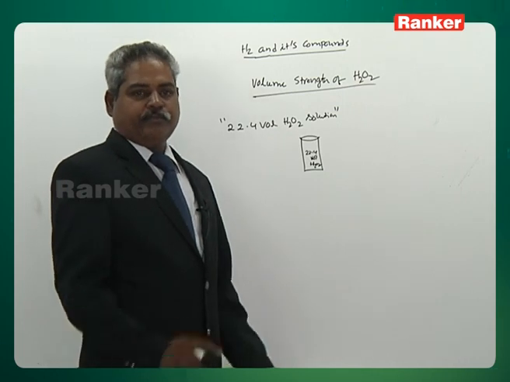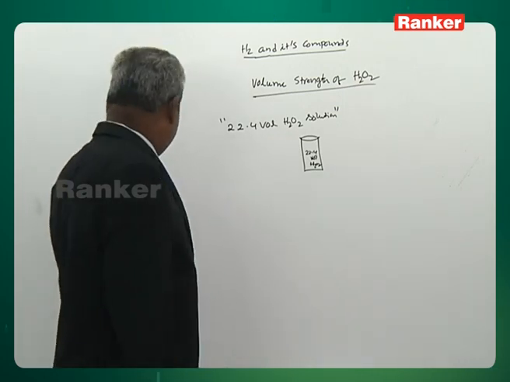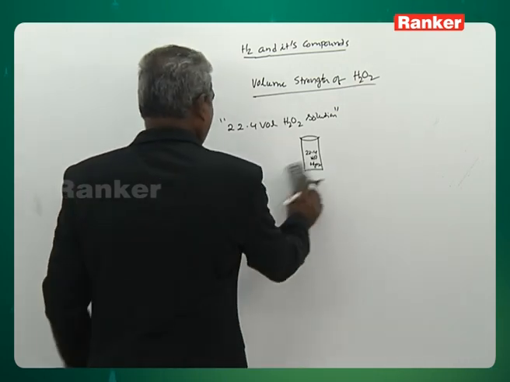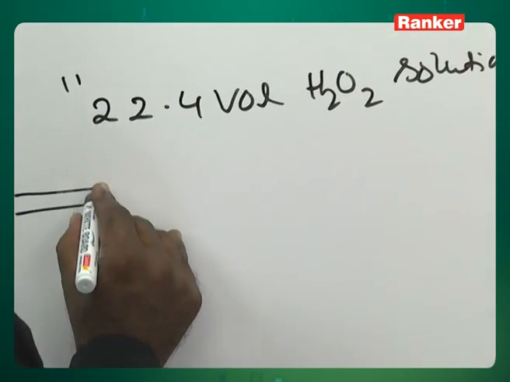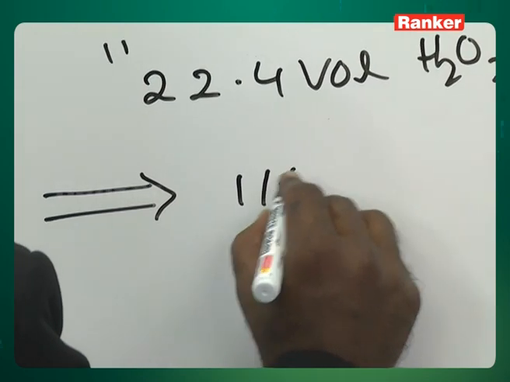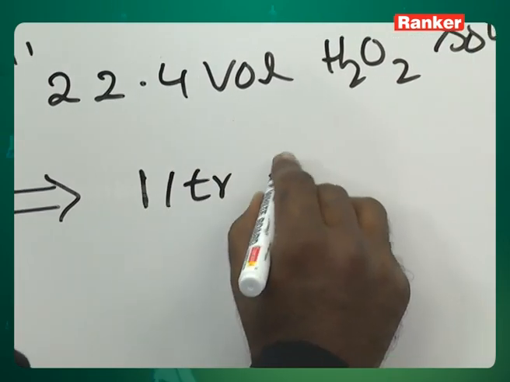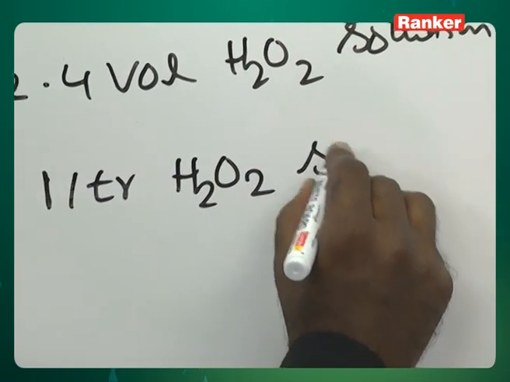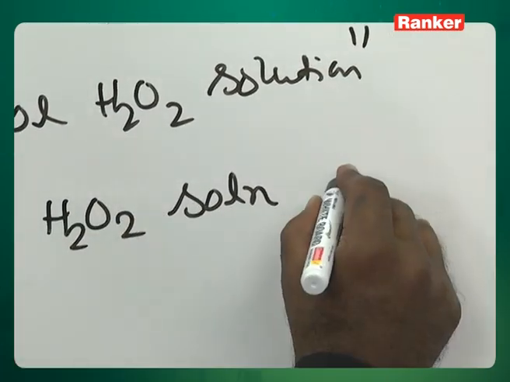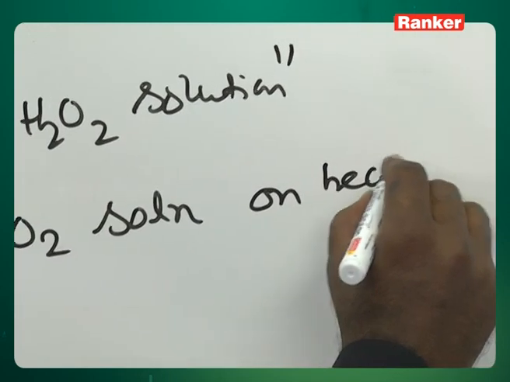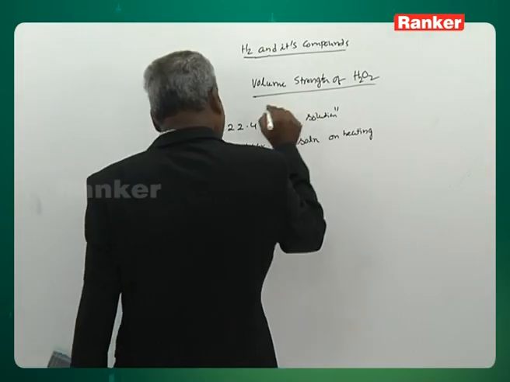What does that mean? 22.4 volume H2O2 solution means 1 liter H2O2 solution, on heating, can produce 22.4 liter oxygen at STP.